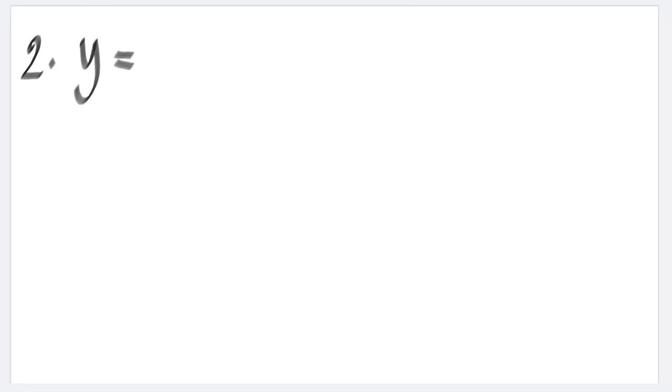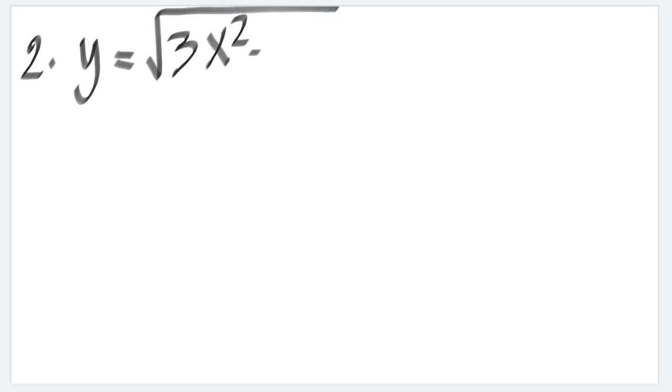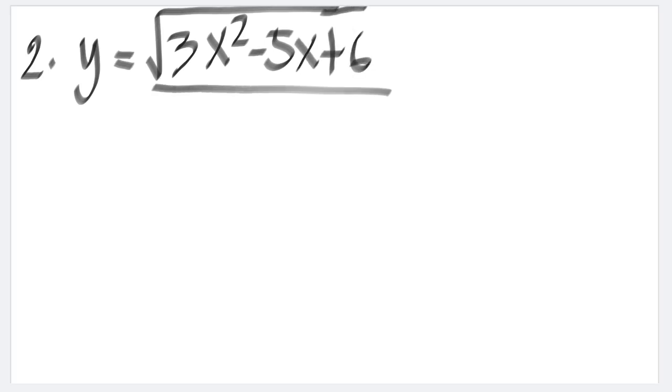We will now find the horizontal asymptote of square root of 3x squared minus 5x plus 6 all over 2x minus 4. So to find the horizontal asymptote, again, the rule is to evaluate the limit of the function as x approaches infinity.